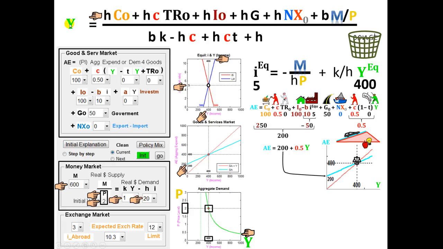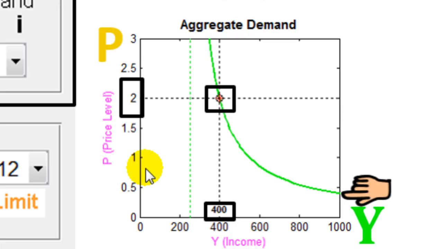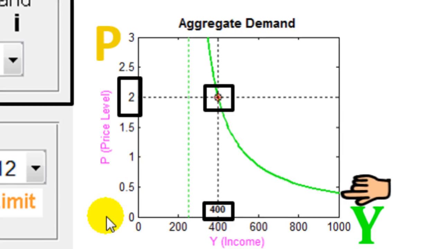So we have a variable income. We are not going to have only one point. If P varies, then Y is going to vary as well. So we will have a variable Y that depends on P, and therefore we found the curve that we wanted to find.